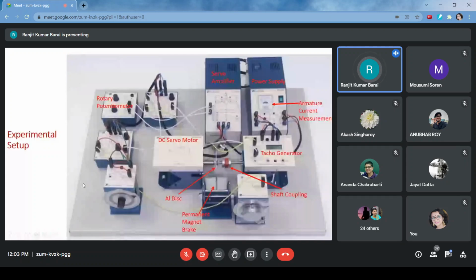And this block is the upper panel where you can get the terminals. Here also the upper panel, here you can get the terminals. Basically, an operational amplifier based signal comparator.